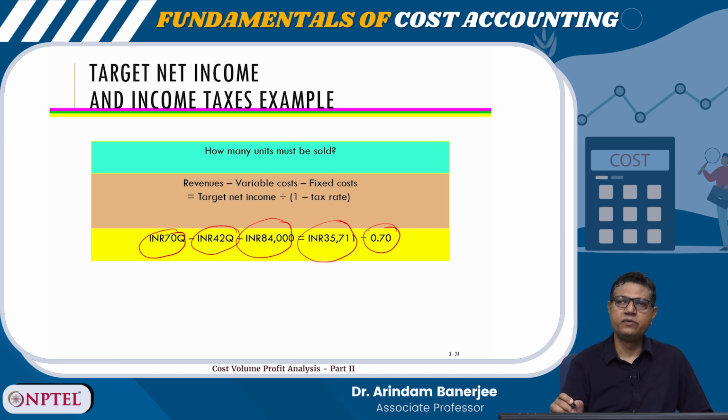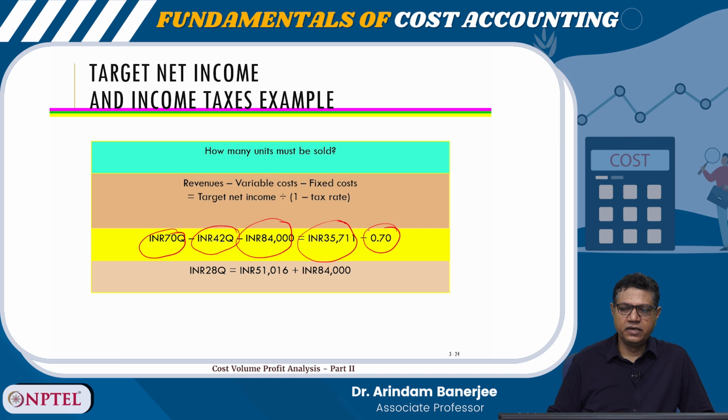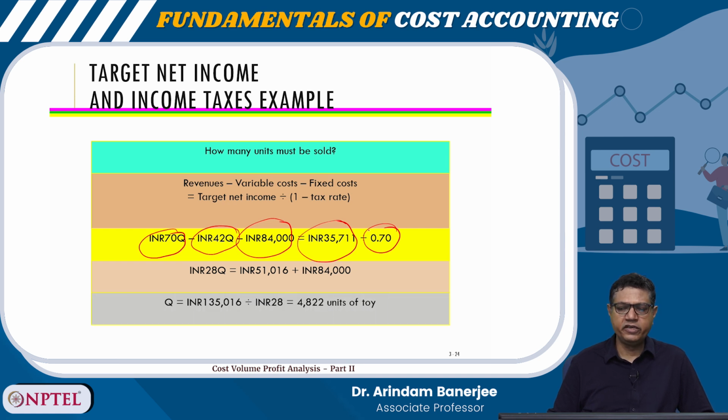So 1 minus 30% is 0.7, 70%, right. If I solve this, I get INR 28Q is equal to rupees 51,016 plus 84,000. So Q is 135,016 divided by rupees 28.